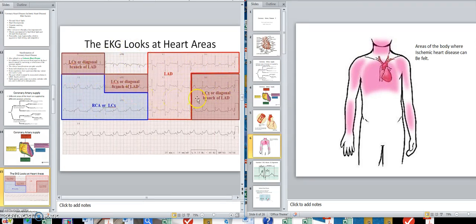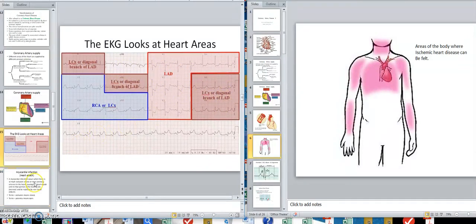Even with the EKG, 12 different lookers. It's called a 12-lead EKG. You can look at my EKG PowerPoint to get an idea of what I speak of. But 12 lookers, and each one of them is looking at different areas. Okay?